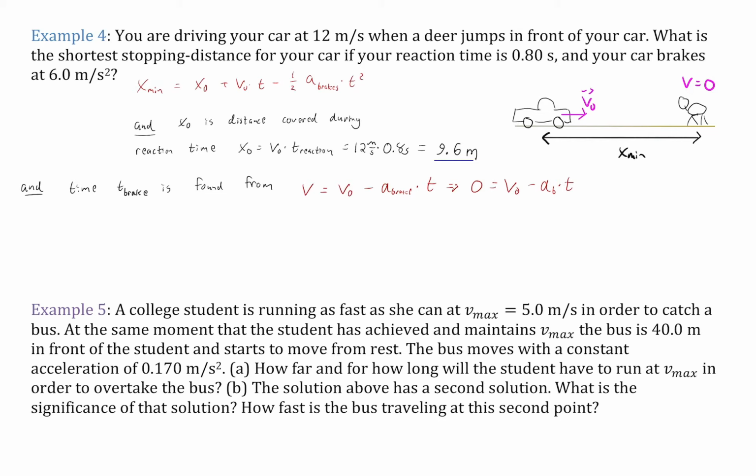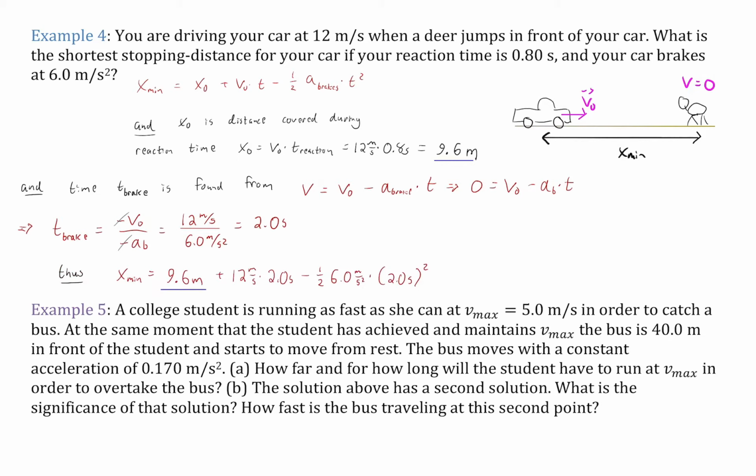Well, we have everything we need from equation 1 to find t, because we know initial velocity, final velocity, and acceleration. We just don't know the time to brake, okay? So final velocity is 0, because you're coming to a stop after all. Initial velocity, a sub b for brake, and t, okay? So now I solve for t. It just ends up being 12 over 6, or 2 seconds, okay? So the total braking time is 2 seconds.